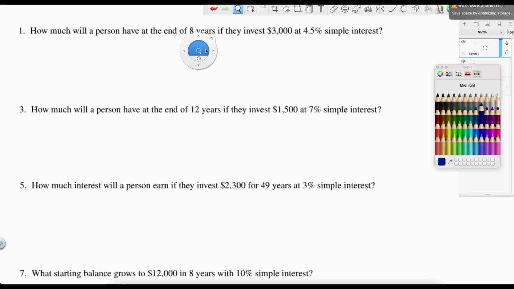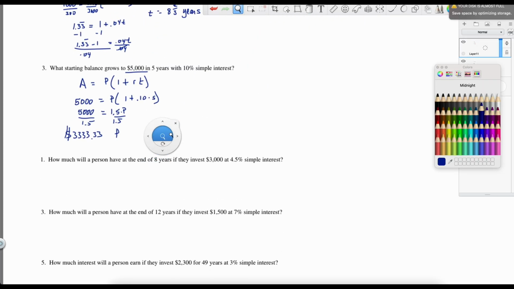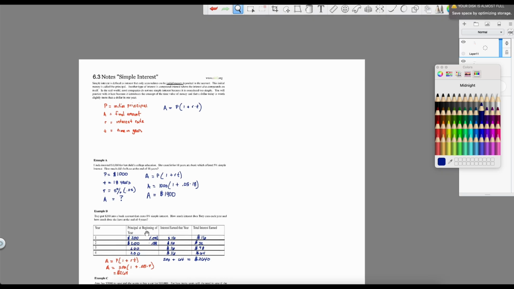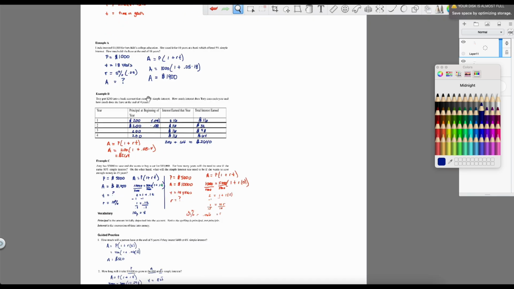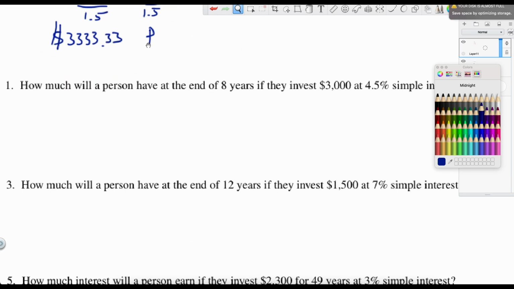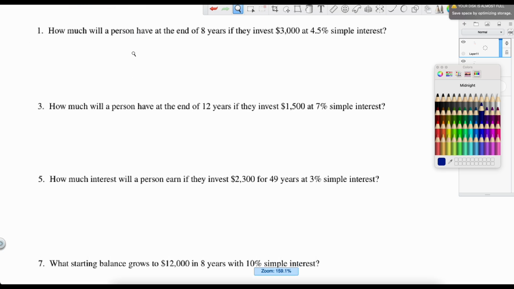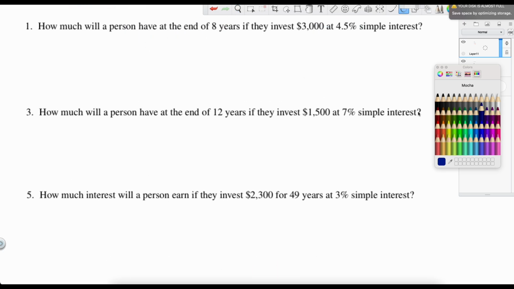Okay, guys, I'm going to do some of the practice problems here on 6.3, simple interest. And we know we have this equation A equals P times (1 plus RT).